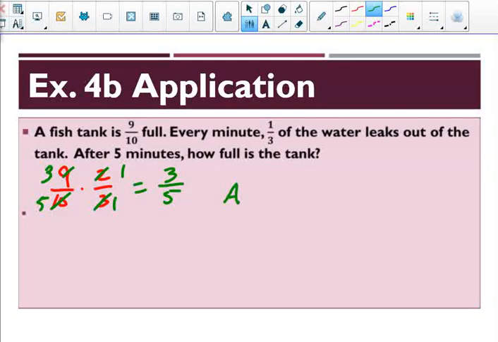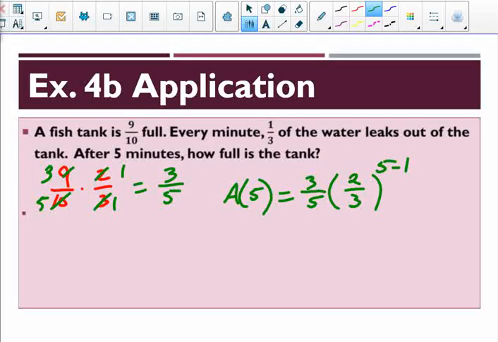So I'm trying to find the fifth term, so after 5 minutes. The first term is 3/5. I need to know what the common ratio is. Since you're losing 1/3 every time, the common ratio is how much water is still left in there, which is 2/3. And I need to raise that to the 5th minus 1 power.